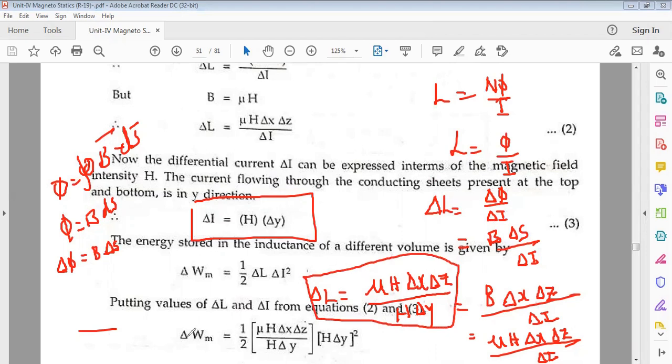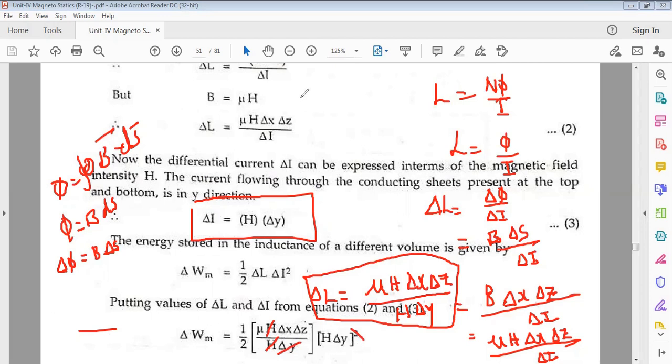Substitute these two equations, delta L and delta I, in delta Wm. Delta Wm is equal to 1/2 mu into H delta X delta Z, the whole divided by H into delta Y, and delta I is H into delta Y the whole square, because it is I square. So in this function, H and H get cancelled, and one delta Y gets cancelled.